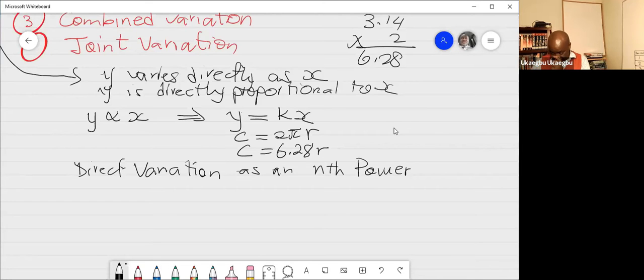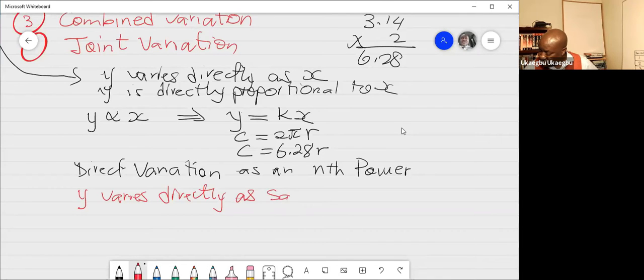Okay. So now, in this type of situation, you can have that y varies directly as the square of x, or even the cube of x, or even the fourth power of x, or even the fifth power of x.